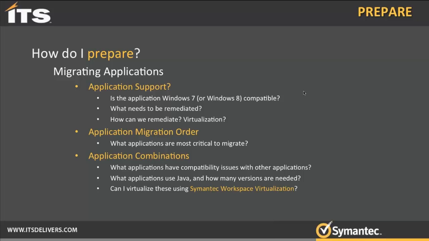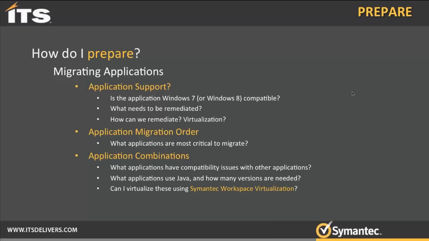Do we want to find new MSIs from the vendor that will have compatibility with these versions of the OS? Do we want to virtualize these legacy applications? That's always an option with Symantec's workspace virtualization, making sure that we have these legacy applications ready to go.